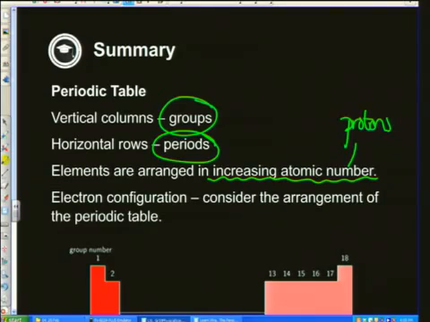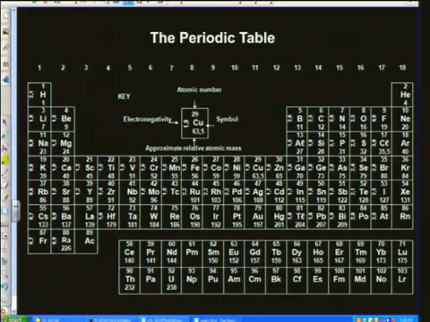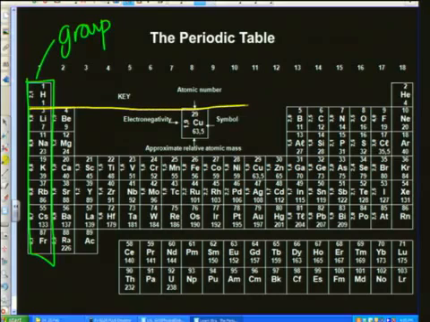So I want to come across to the periodic table that I've got on the screen and just highlight a few things for you here. When I speak about a group, I'm meaning a vertical column. So that's going to be a group. And I would call that group 1. A period would be going across, all the way across.